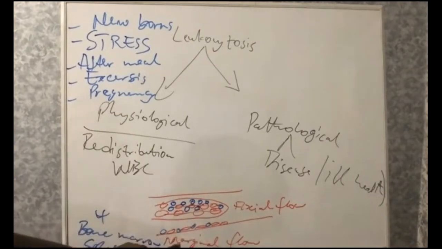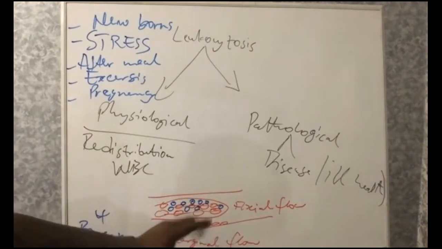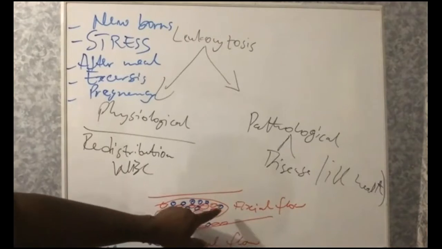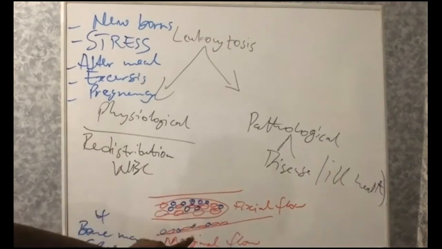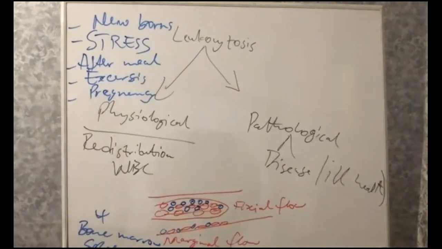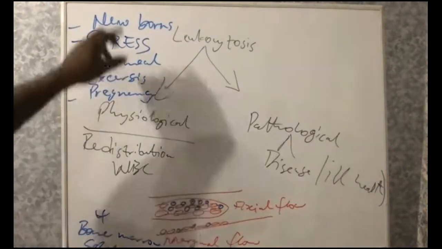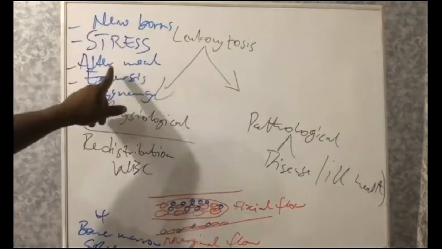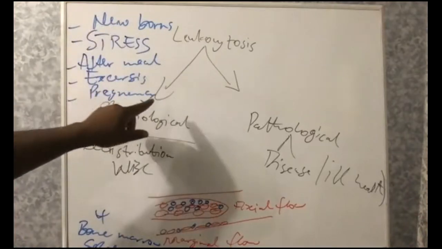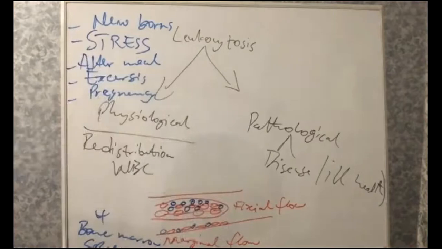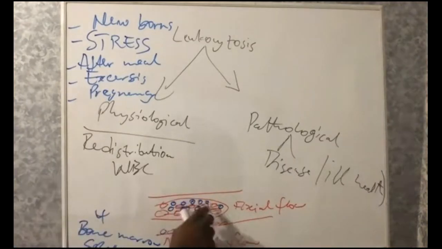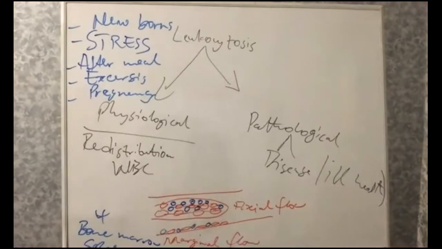They are either found on the marginal flow, the bone marrow, or the spleen. So in a stressful condition, or in newborns, or after a meal, or after exercise, these white blood cells can now move from the marginal flow, from the bone marrow, from the spleen, and join the axial flow, and then increase the number of white blood cells found in the axial flow.